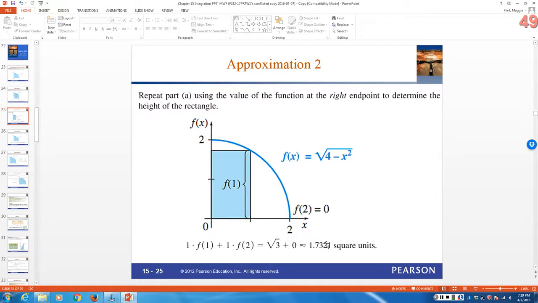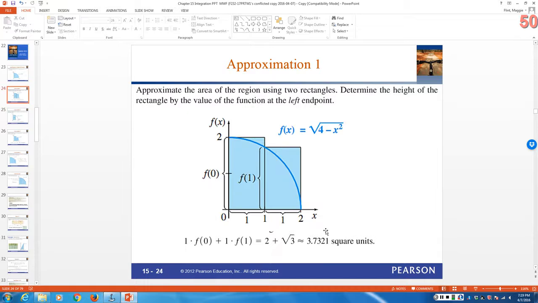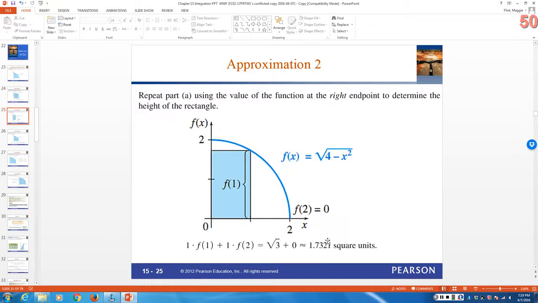This is quite a bit less than pi. But if I added this number and that number, I would get a lot closer to pi than either one of them, if I just average those two. But I'm still not going to get a really accurate approximation.